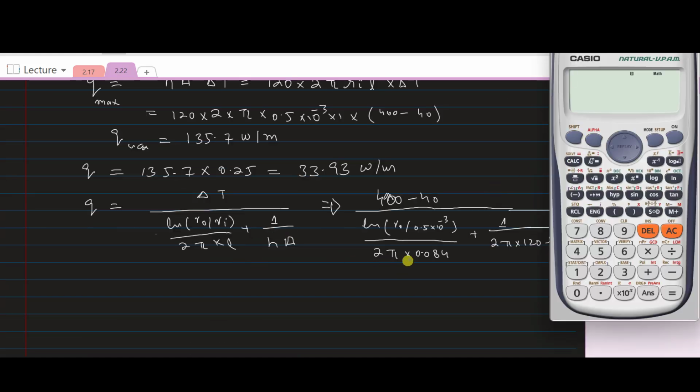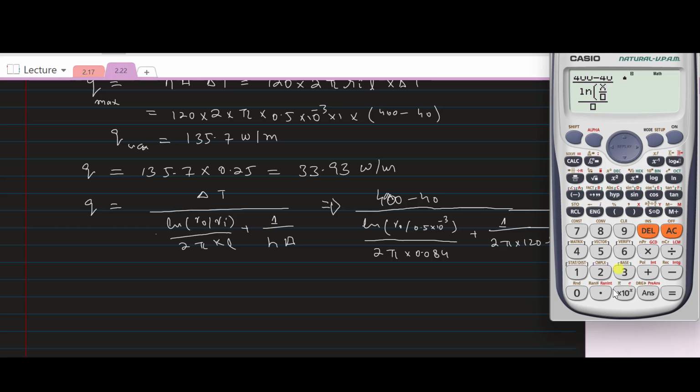In order to write these equations on the calculator, press this button, write the values. Temperature difference, that is 400 minus 40, divided by, press again this, ln R0 divided by Ri, so press ln. What is R0? R0 we need to find, so for that we put the x value on the display: press alpha and then press this, so it will activate x.